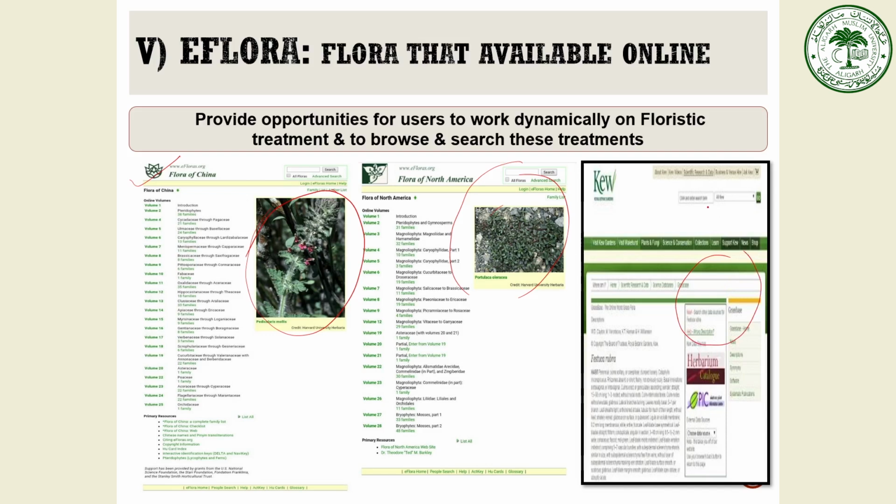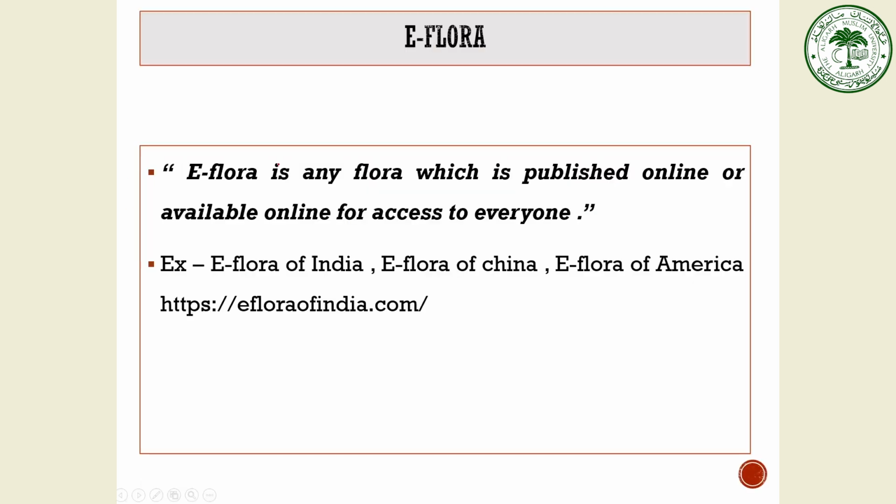So now E-flora is just a digitized form of the flora, and we can easily access it from any place, anytime, anywhere. It is a very important taxonomic document that is now available online, and is very helpful in studying taxonomy. So E-flora is any flora which is published online or available online for access to everyone.